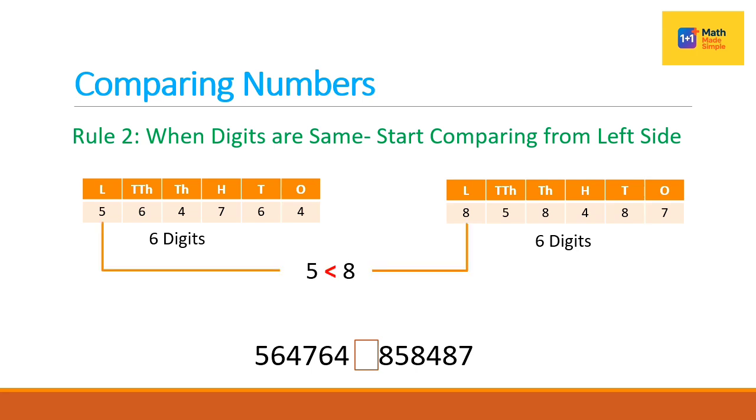In the first number, the lakhs place is 5. And in the second number, the digit in the lakhs place is 8. So 5 is lesser than 8, which means that the first number is lesser than the second number, or the second number is greater than the first number.